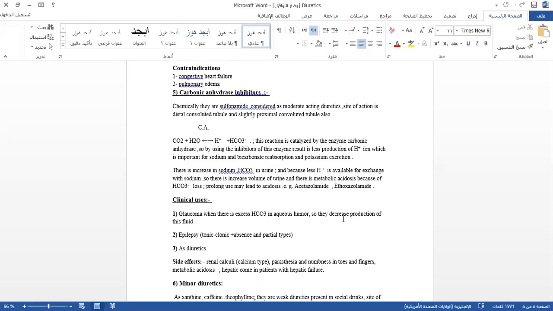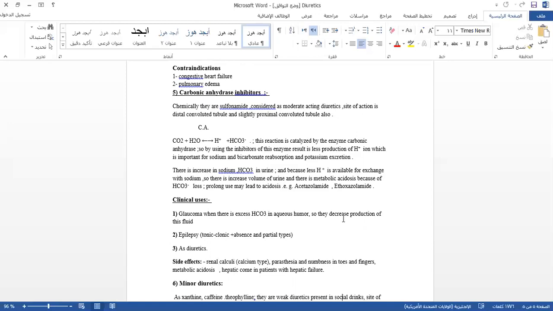In epilepsy, also by an unknown mechanism, carbonic anhydrase inhibitors can be useful in the treatment of tonic-clonic epilepsy, grand mal, absence type which is petit mal, and partial types of epilepsy. These are the three major indications for carbonic anhydrase inhibitors: glaucoma, reducing intracranial and intraocular pressure by reducing bicarbonate production in the aqueous humor, and epilepsy.